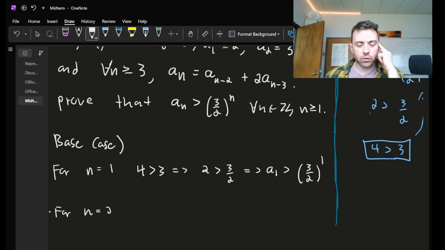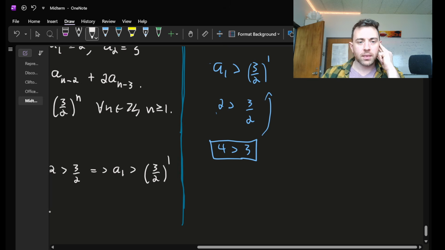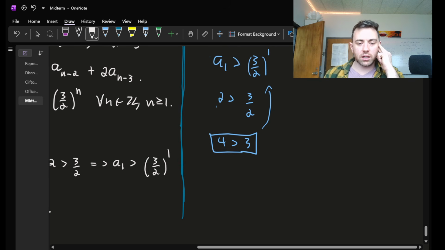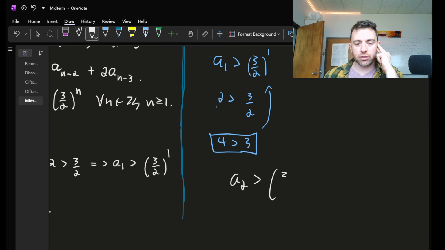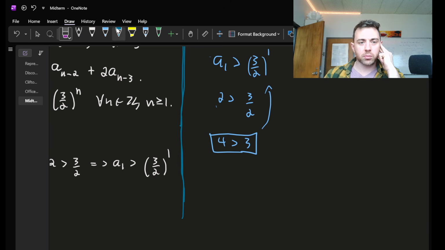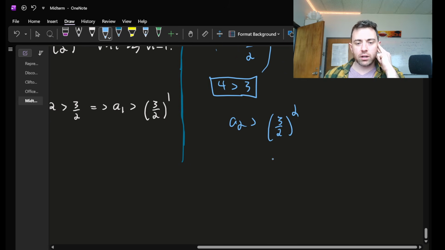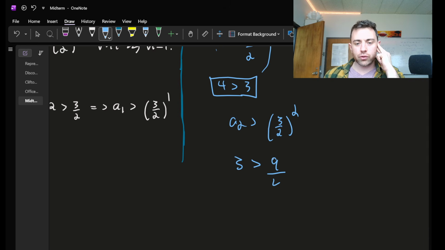For n equals 2, I want to do a similar thing here. So a2 has to be bigger than 3 over 2 to the 2. That's 9 over 4, which is equivalent to 12 over 9.